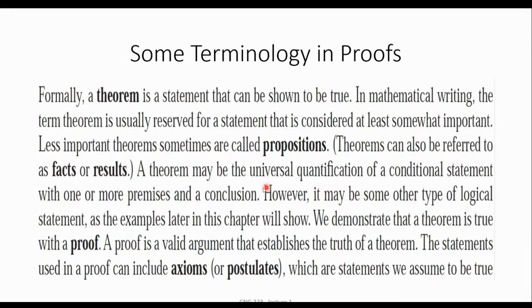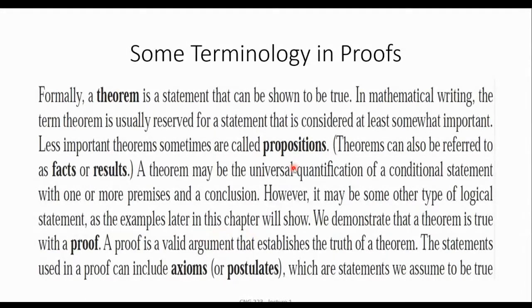So a theorem may be the universal quantification of a conditional statement with one or more premises and a conclusion. We talked about it, and we showed you the definition of argument, and this is related to that. However, it may be some other type of logical statement, as in the examples later in this chapter.